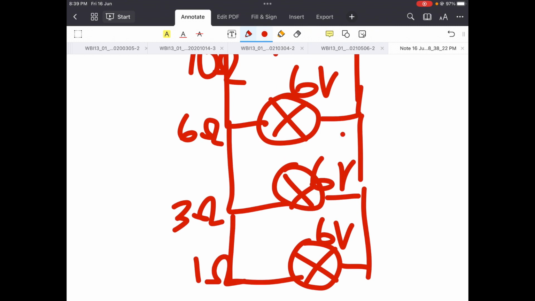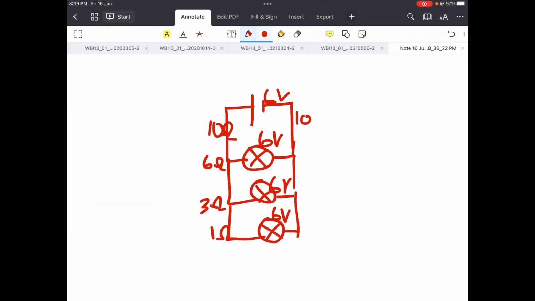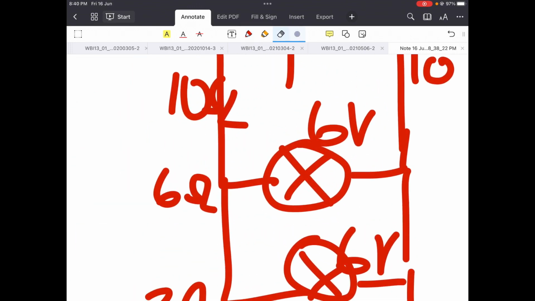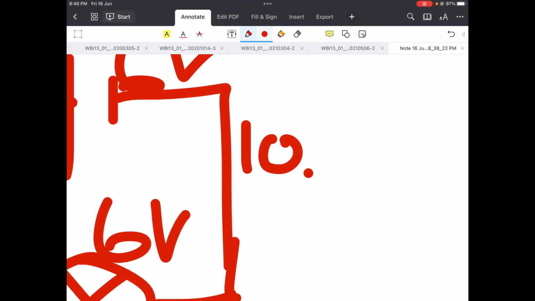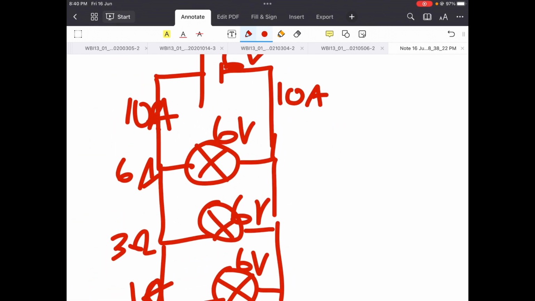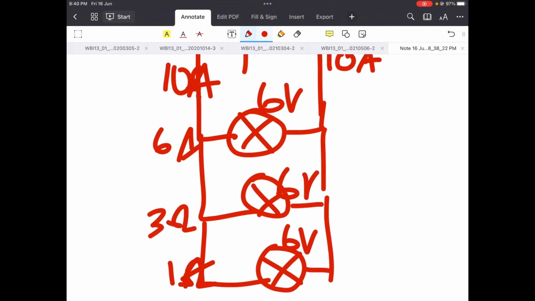Just giving random numbers. I was giving current the unit ohms, it's amps. So the current over here is also 10 amps. So essentially the current is split at a junction.